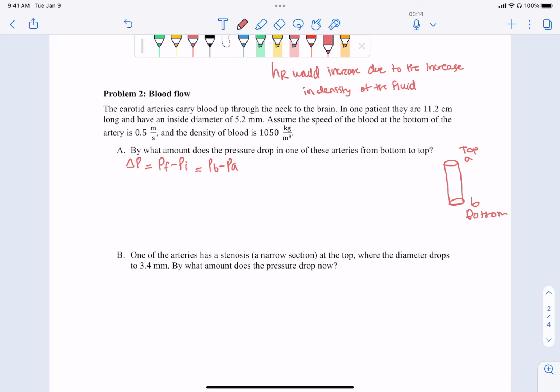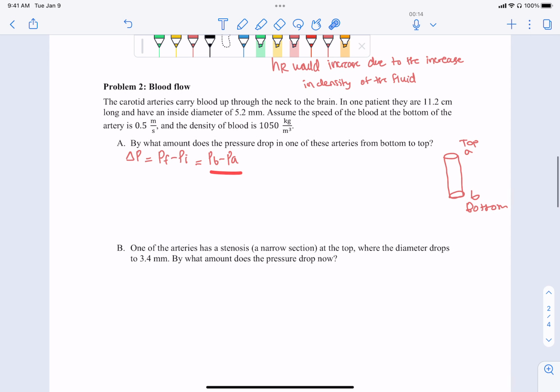Any ideas? So yeah, we have PB minus PA is change in P, but how can we relate that to density and length and all that? Because we don't know PB and we don't know PA, those are unknown values.